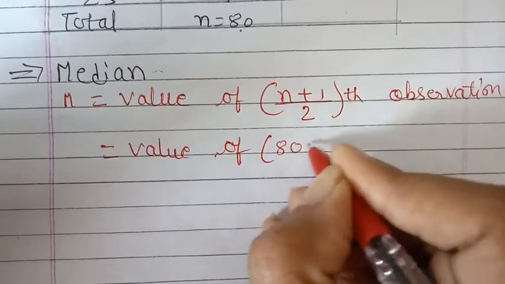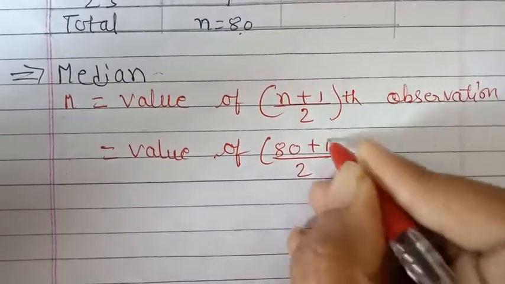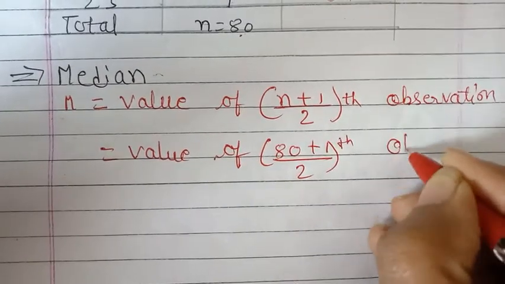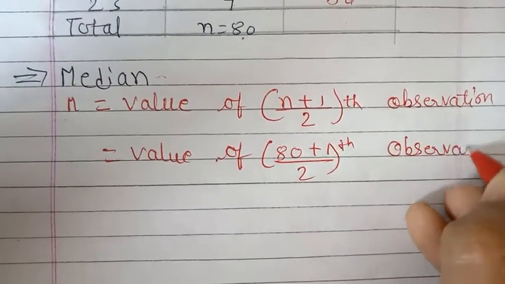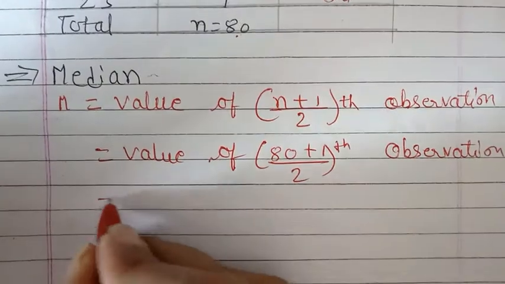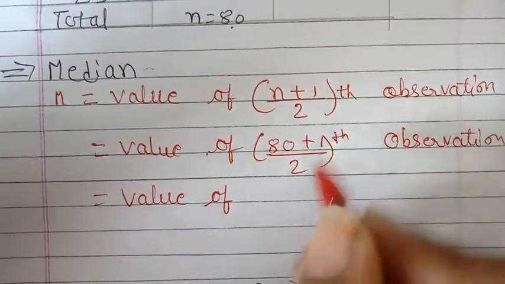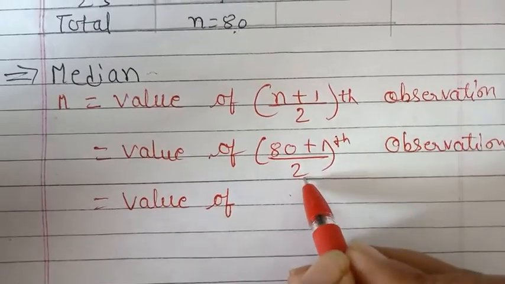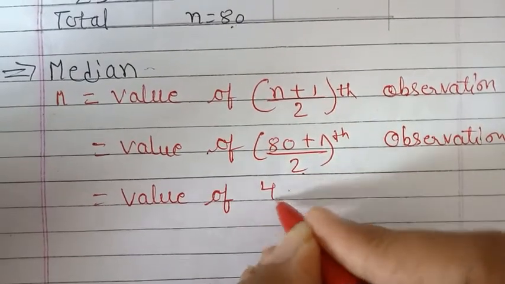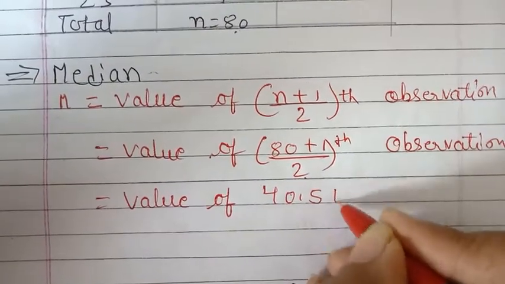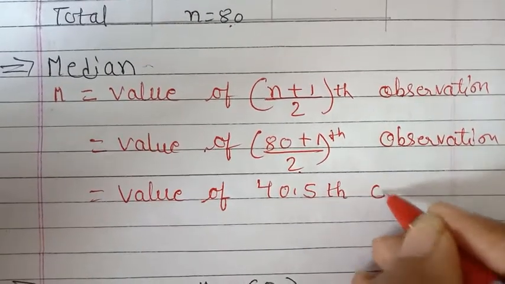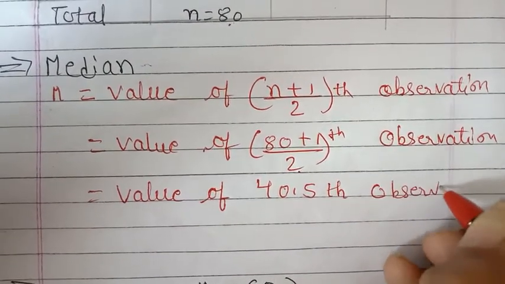So (80 plus 1) upon 2th observation. Now 80 plus 1 is 81 and 81 divided by 2 will be 40.5. So the value of the 40.5th observation.